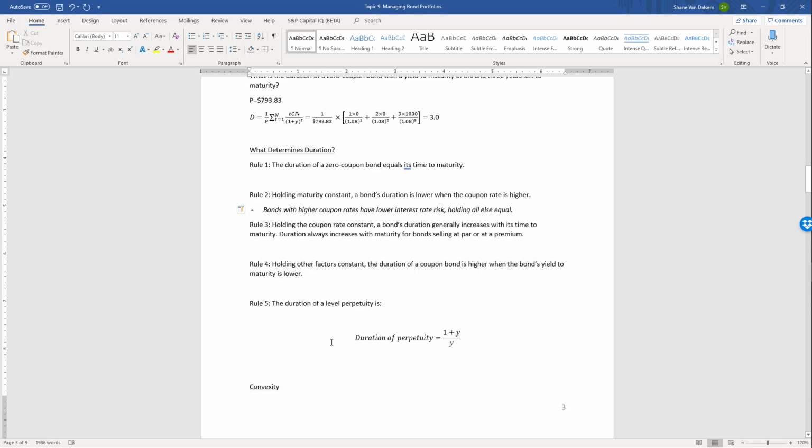Rule 5 is that the duration of a level perpetuity is 1 plus the yield to maturity, divided by the yield to maturity.